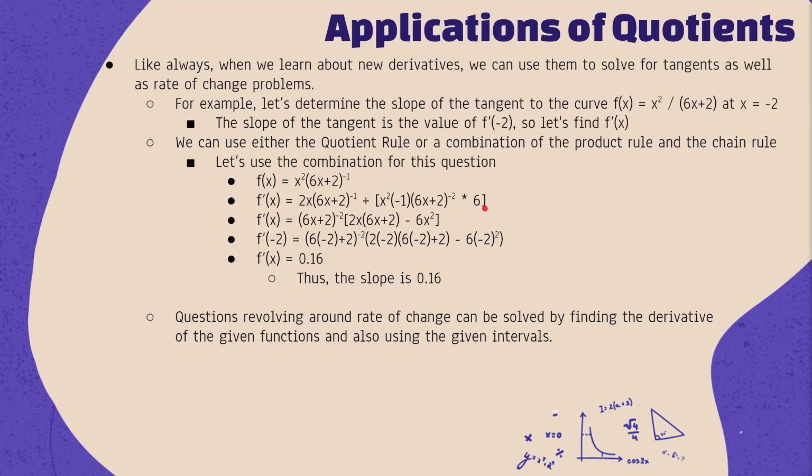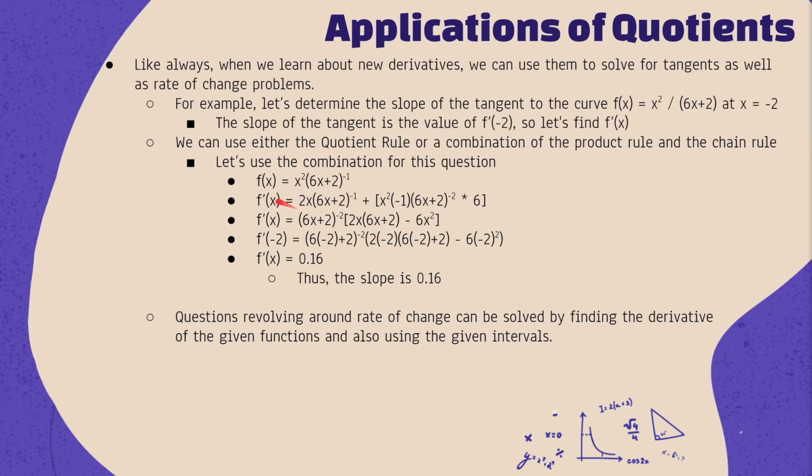Now our job is to simplify. Again, 6x plus 2 to the power of -2, 6x plus 2 to the power of -1. We can factor out 6x plus 2 to the power of -2, which would leave us with this expression here. Now you can actually continue opening the brackets, trying to simplify, but since we are looking for the slope, you could plug in -2 at this point.